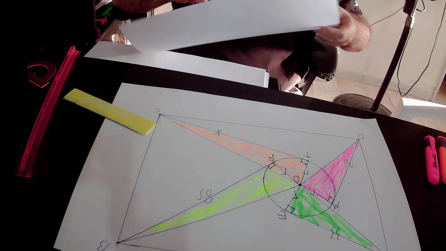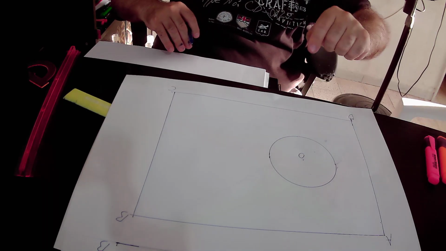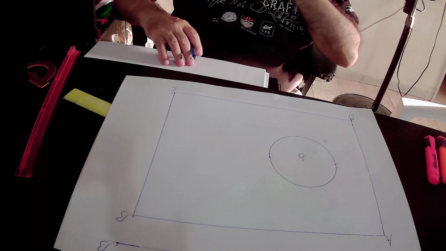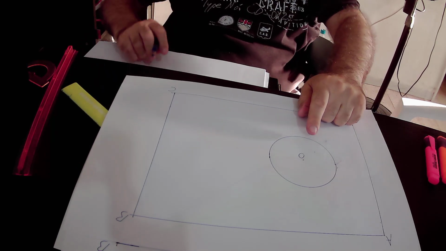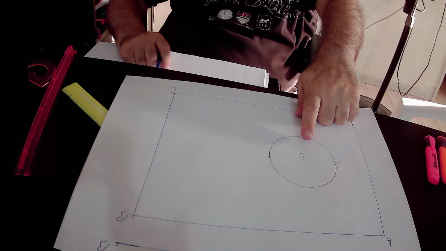So this is rectangle ABCD with circle. The center of the circle is at this point, point O.